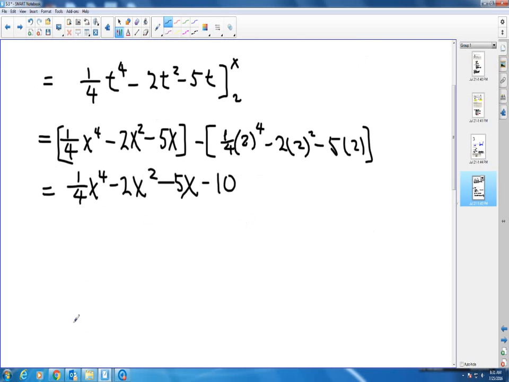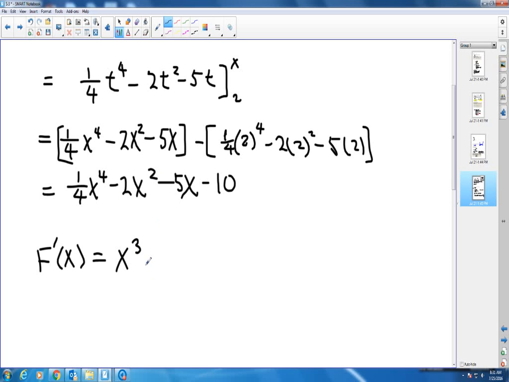Now F prime of x. What happens if I take a derivative of my antiderivative? I bring down the 4, right? Derivative of this whole thing, bring down the 4. So 1/4 times 4 would just be x. Subtract the exponent by 1, that's 3. Bring down the 2.